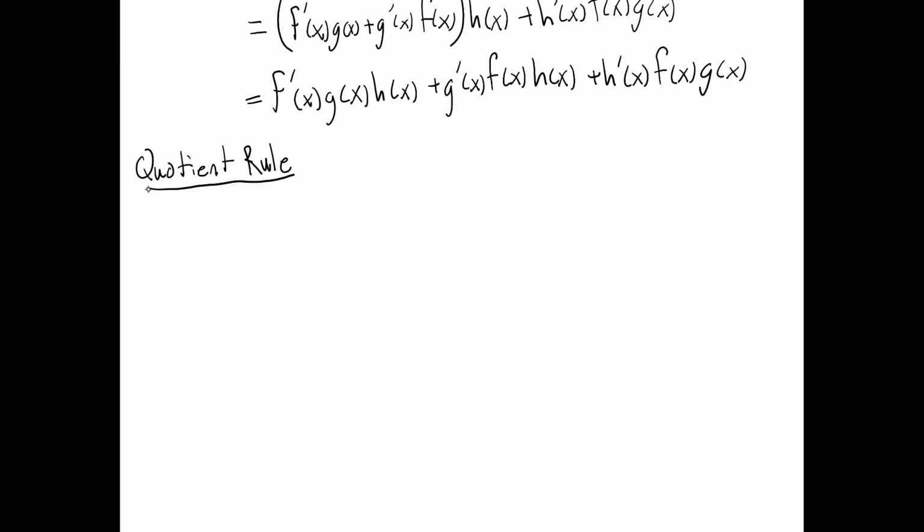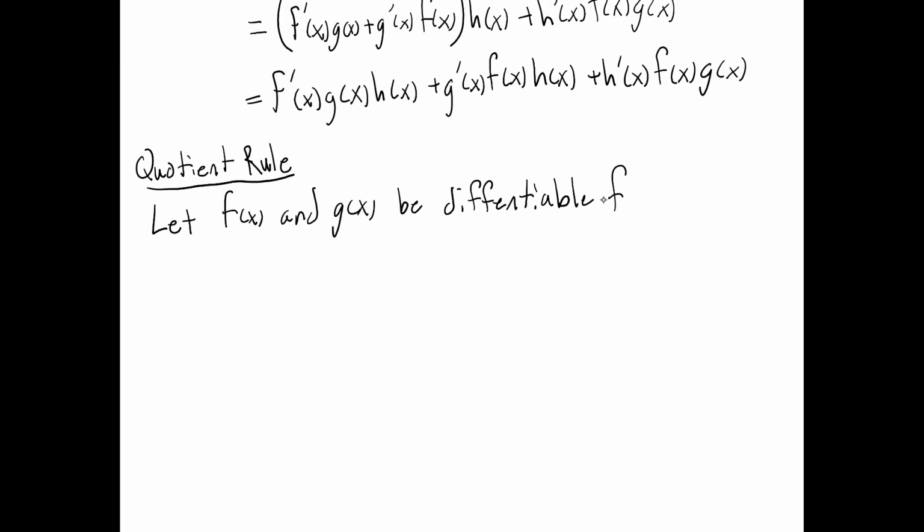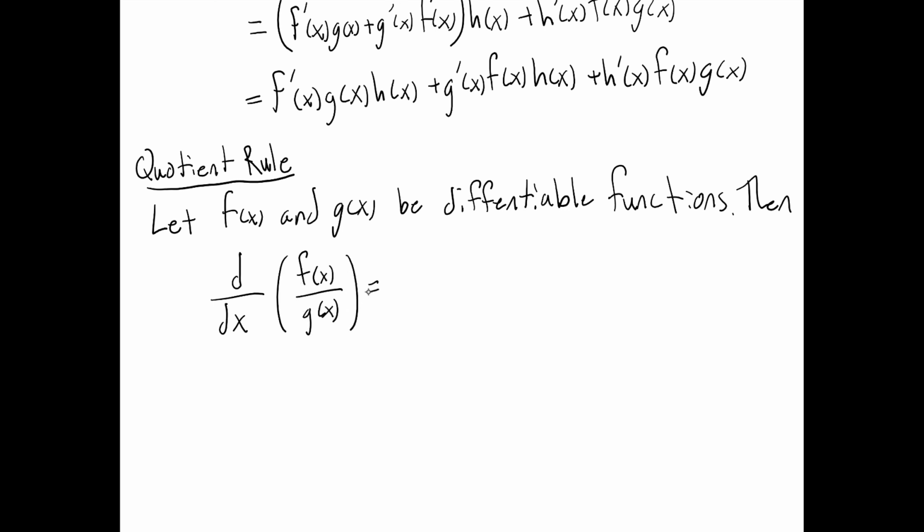Quotient just means dividing. So again, we say let f of x and g of x be differentiable functions. Then d dx of f of x over g of x equals.